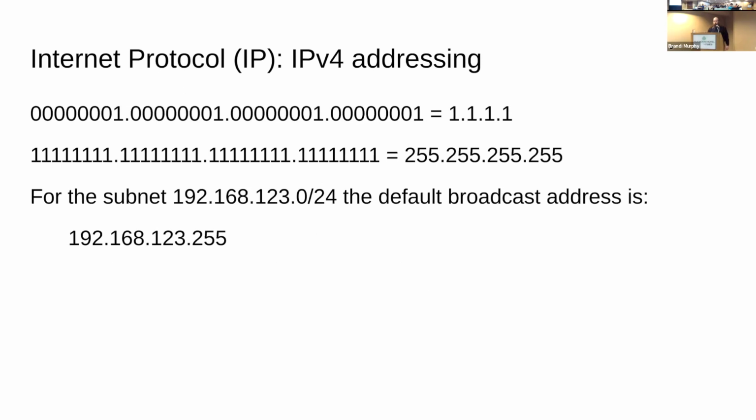Sorry about that. So an IP address in binary, it's like that. And it translates over to what we more typically see, which are the decimal numbers separated by periods. And there's a couple of things that you need to make sure you know: even for every subnet, there are reserved IP addresses.